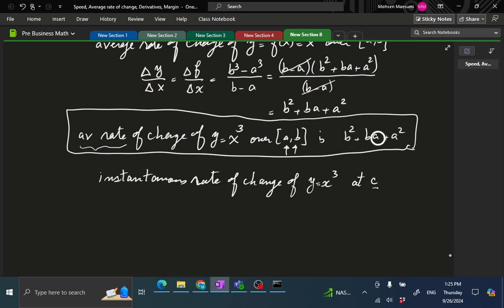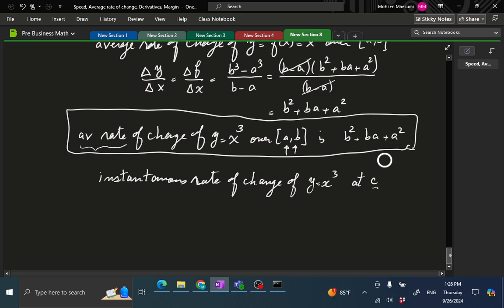So these three are all C squared, another C squared, and another C squared. B is very close to C, so B squared is very close to C squared. B and A are very close to C, so B times A becomes just C squared. And A is very close to C, so that's also another C squared. So we have three of them, and you put it together, it is 3C squared.